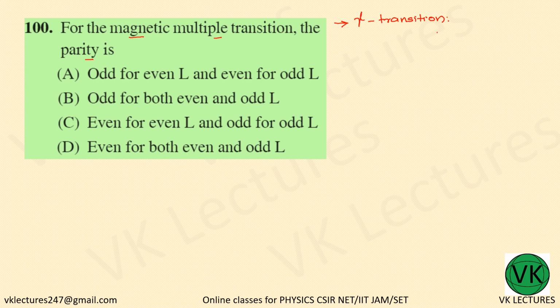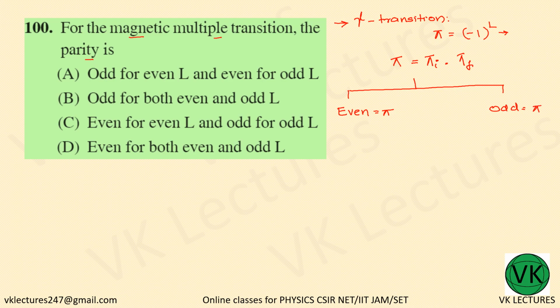And what is parity? Pi is equal to minus 1 whole to the power L, where L is the total angular momentum, the L value for the particular state. Now the parity pi is given by the initial parity times the final parity. The parity can be either odd or even.